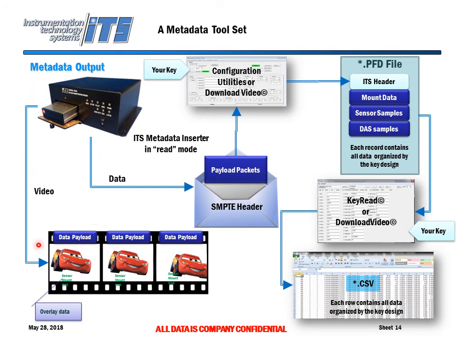The output, as I said earlier, of the recorder is a full inserter, and you can put the inserter in read metadata mode, give it the key template information through the CSV file, and you can actually specify to overlay the data as it's played back. This does not affect the video frames as they were recorded, but simply shows you the data, like I'm showing here, shows you the data at a place that you choose.